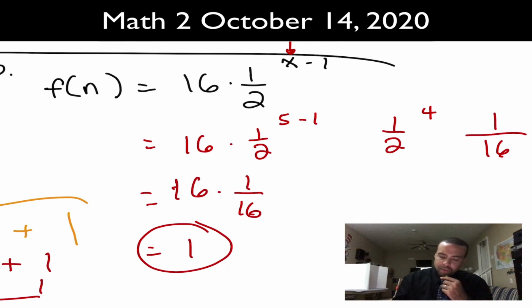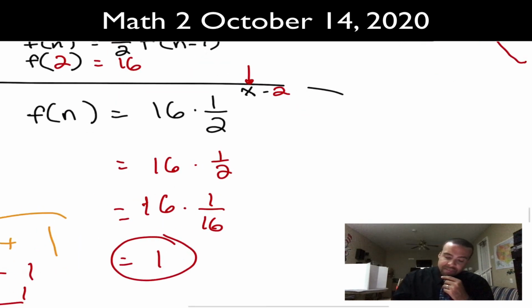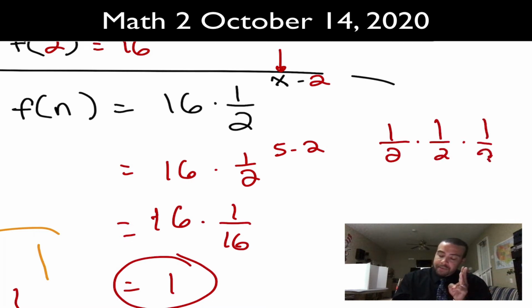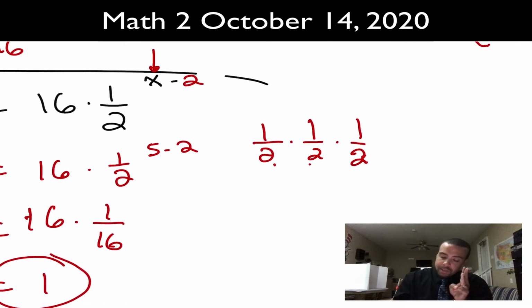Instead of x minus 1, let's try x minus 2. All right, so x minus 2. So again, let's use that 5 again. So that would be 16 times 1/2 to the 5 minus 2. Let's write that down. And 5 minus 2 is 3. So that's 1/2 to the 3rd power, which means 1/2 times 1/2 times 1/2, which gives me 2 times 2 is 4, times 2 is 8.